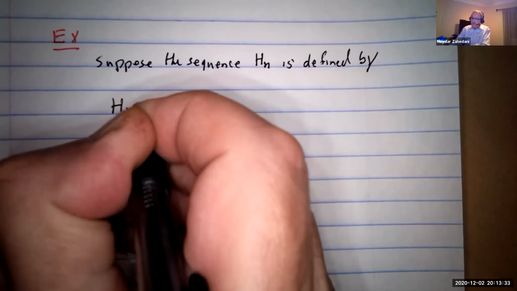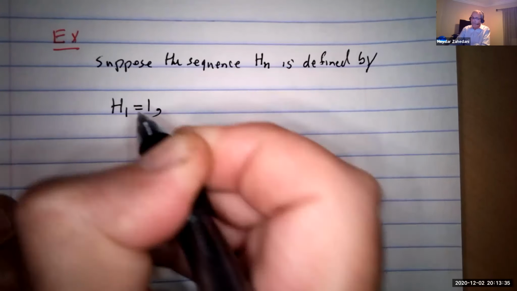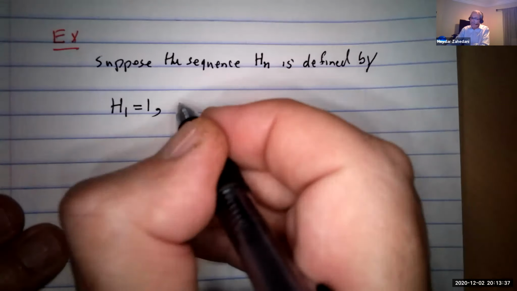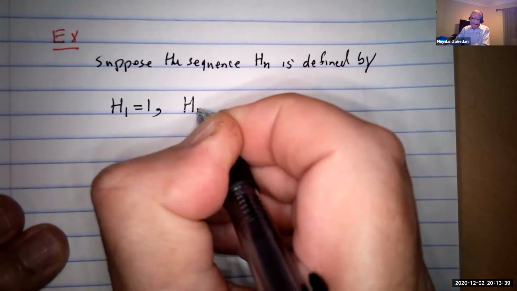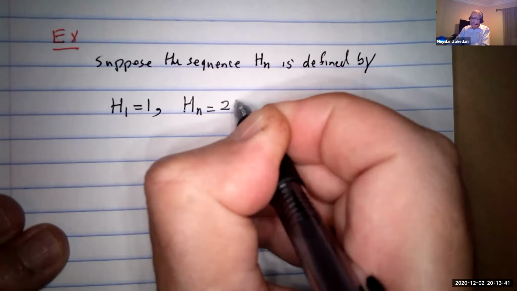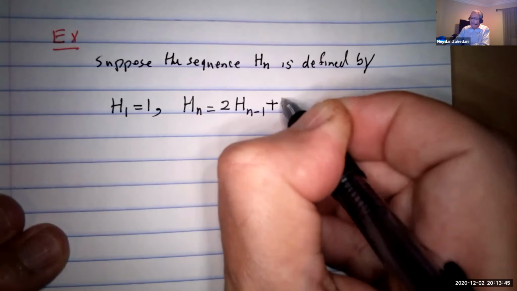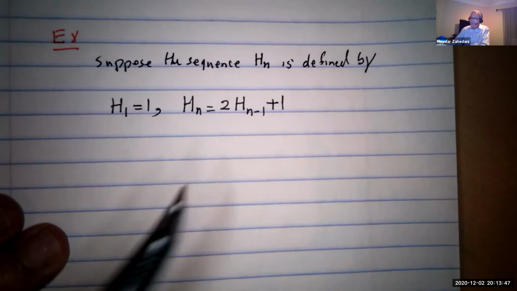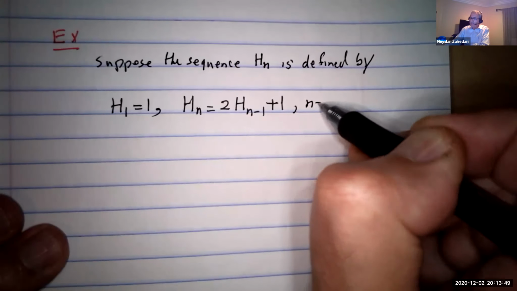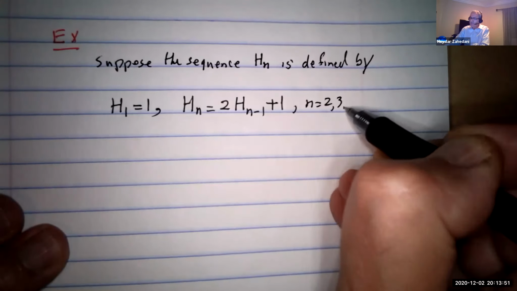You have H_1 is equal to 1, and H_n is equal to twice of H_(n-1), then plus 1, and n is equal to 2, 3, etc. It's a very popular sequence again. We call it a Hanoi sequence.